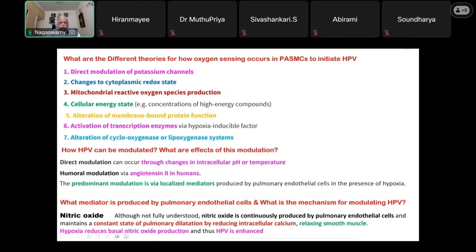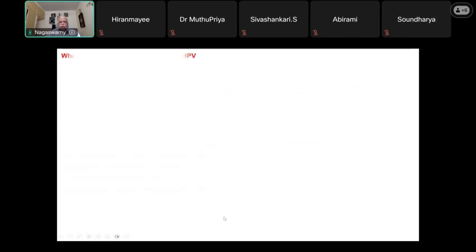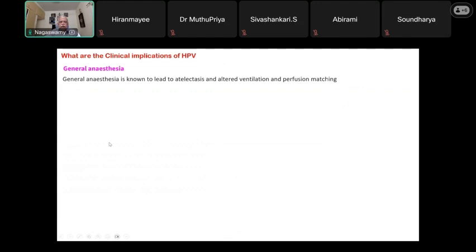Hypoxia reduces basal nitric oxide production and vasoconstriction is enhanced, because nitric oxide causes vasodilatation. And clinical implications of HPV under general anesthesia: whenever some atelectasis is happening because of improper ventilation, then HPV is the one which is going to prevent deoxygenation of the blood.